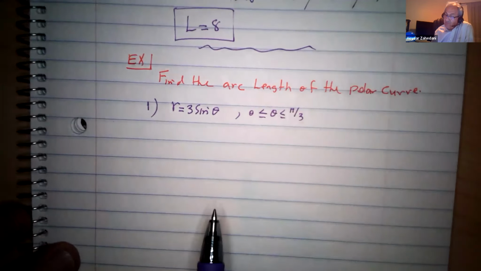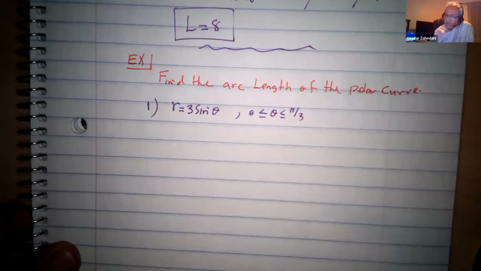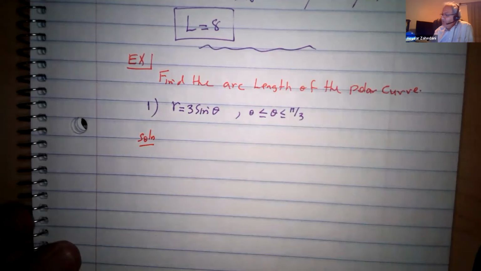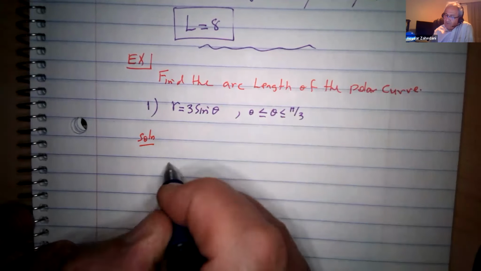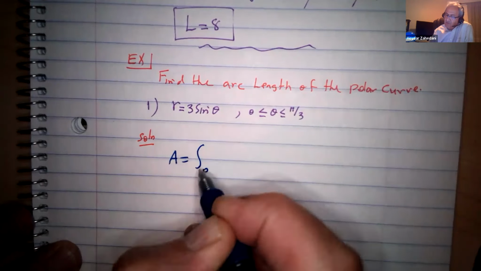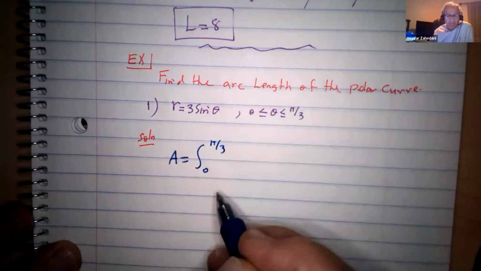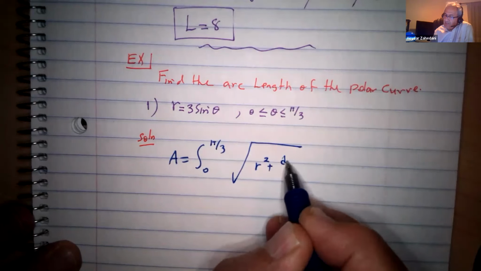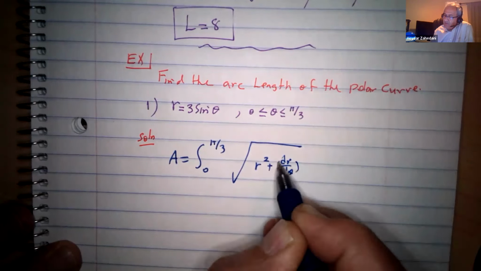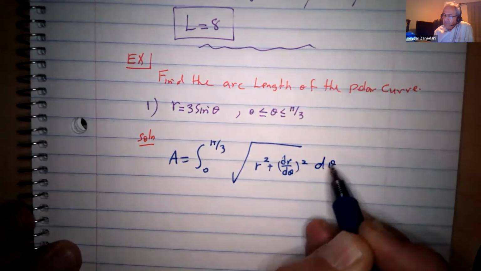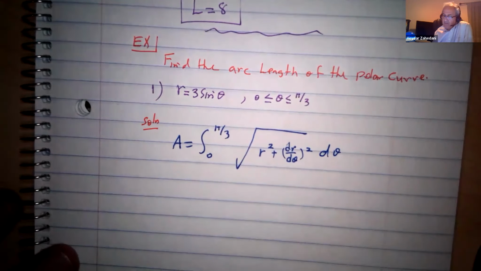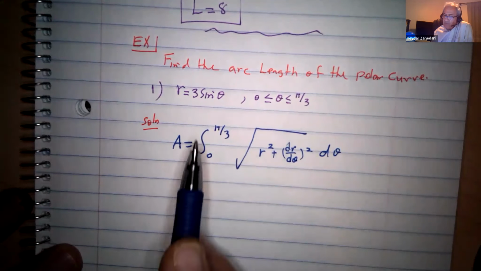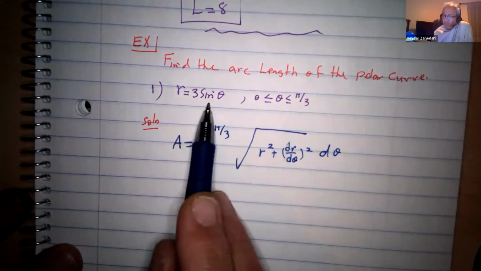So you write your formula and find it. The solution is going to be: the arc length is the integral from 0 to pi third of the square root of r squared plus dr d theta all squared, d theta. That's easy to differentiate.